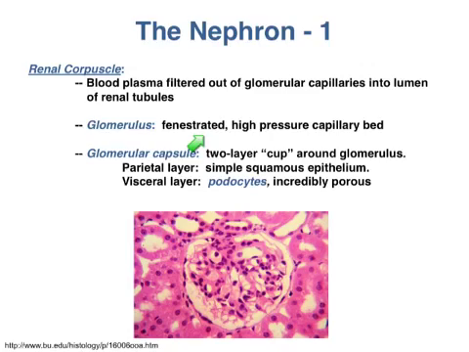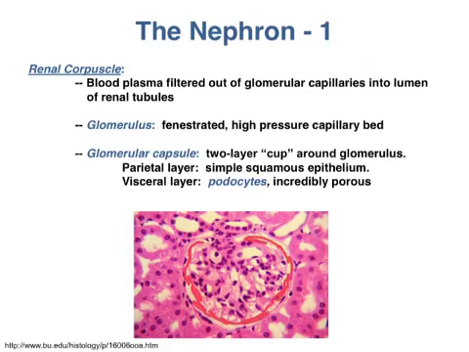The glomerular capsule is a two-layered cup, so there is a visceral layer that wraps tightly around the capillaries of the glomerulus, and a parietal layer of simple squamous epithelium. There's also a little bit of space in between the two, and this space is the capsular space.